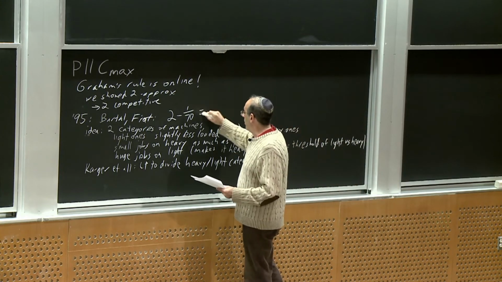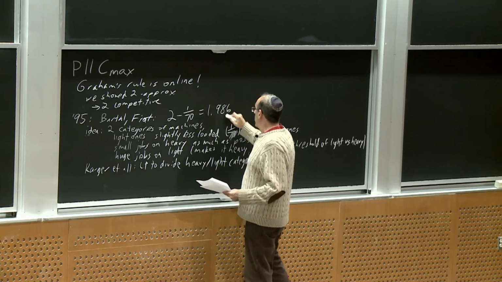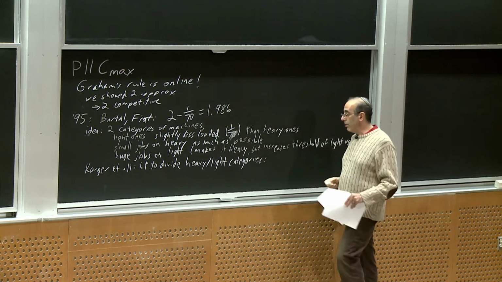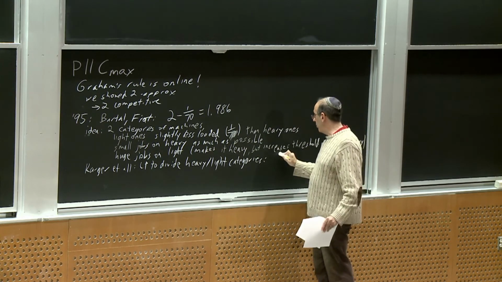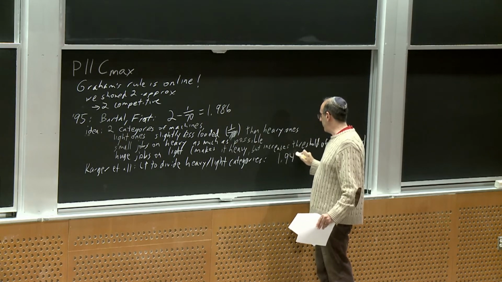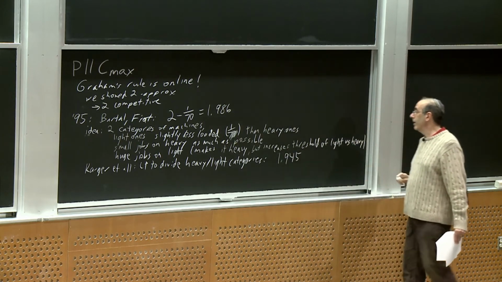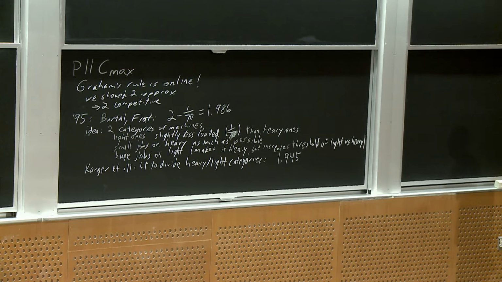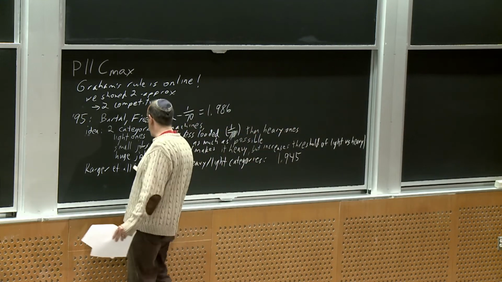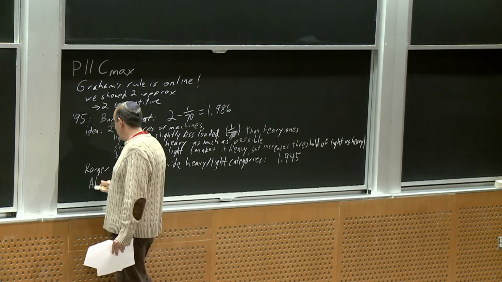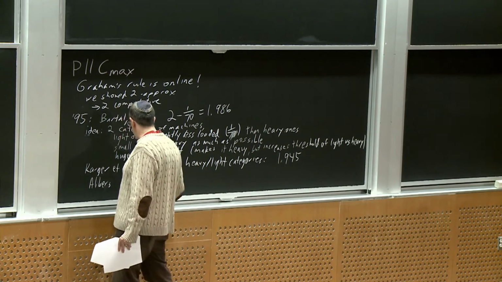This is 1.986. Our massive linear program, which took several days to run, improved this by the massive amount of 0.04. Okay. And then somebody else, this was in 96, and then Albers in 97.